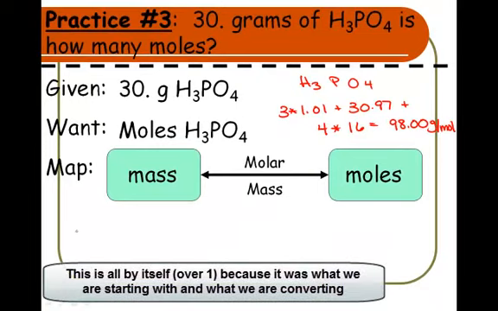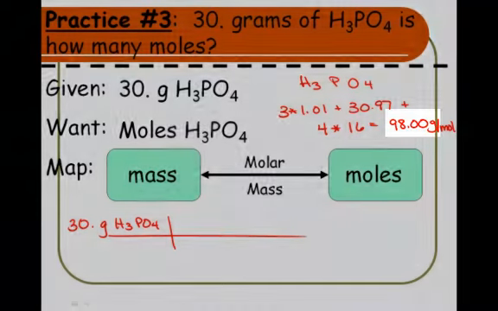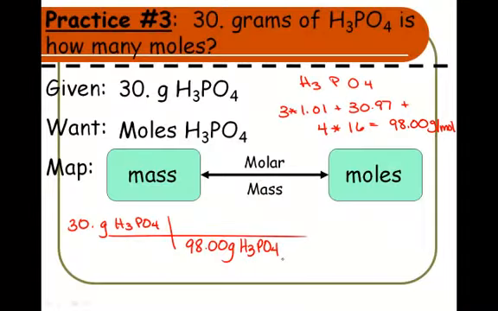So now we can take our 30 grams of H3PO4 and convert it. I want to get rid of grams. So looking back at my molar mass, I'm going to take my 98.0 grams and put it on the bottom.